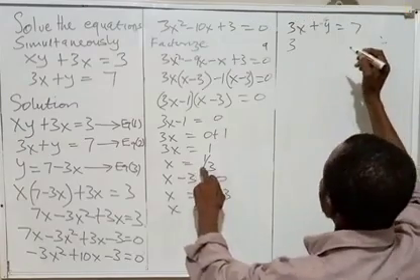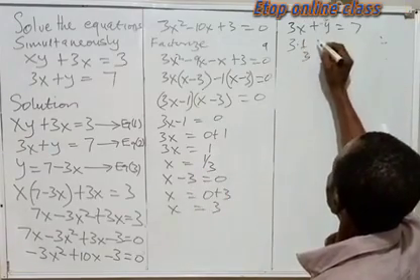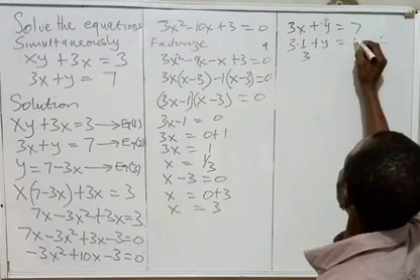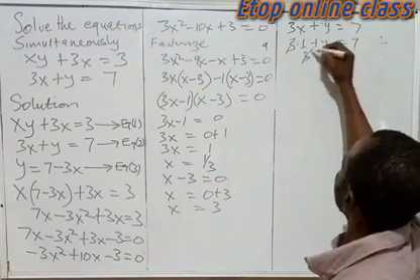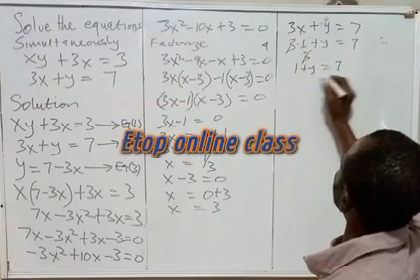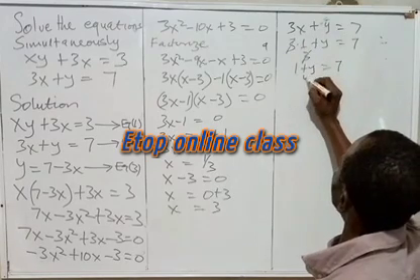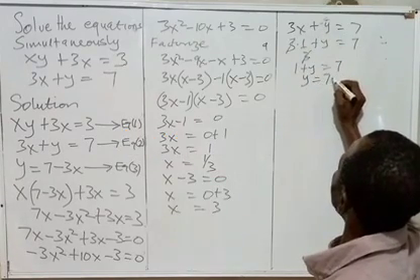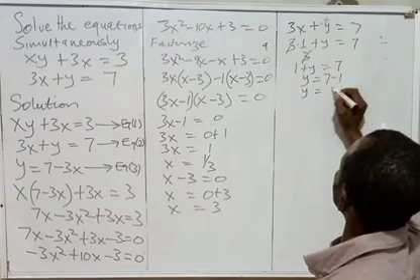I pick the first value of x as 1 over 3, so 3 times 1 over 3 plus y equals 7. So from here, what happens? 3 will cancel, 3 will cancel. I'm now left with 1 plus y equals 7. When 1 crosses over, I have y equals 7 minus 1. y equals 6.